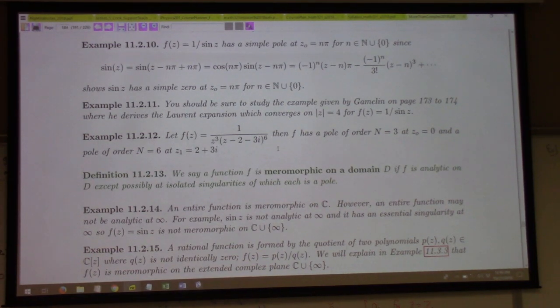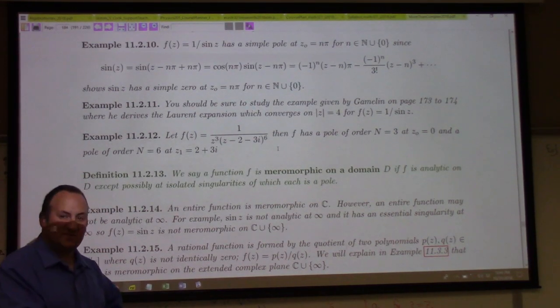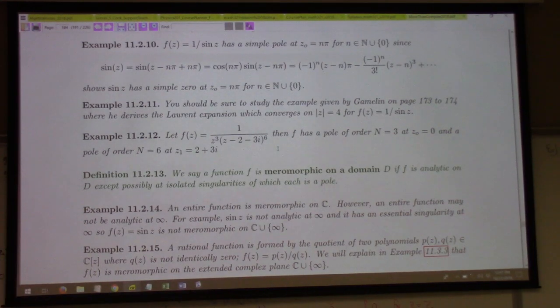You might wonder, how could you create a function that has a whole circle of singularities or something like that? An example of a meromorphic function would be an entire function, which is meromorphic on C because what's an entire function? It's holomorphic on C, right?